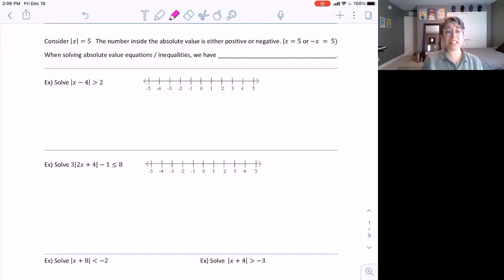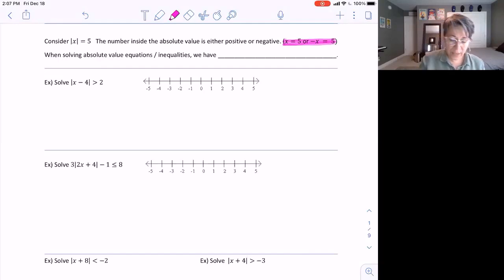So let's consider the absolute value of x equals 5. Now we know that the number inside that absolute value either represents 5 or -5. So one way of looking at that is that the inside number equals 5, or the opposite of that number equals 5. In other words, it's representing the positive version or the negative version.